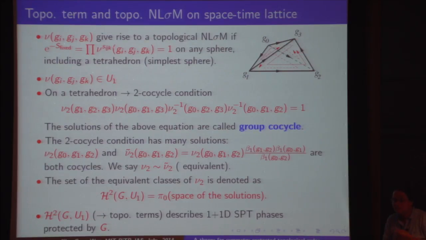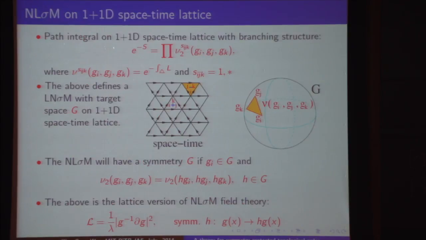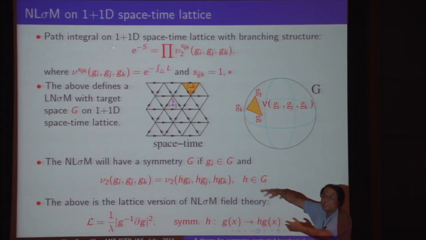Yes? Can this also handle space-time symmetries like time reversal and parity? Yes, and for parity, we tried, but not very hard. For parity, you have to really change the triangulation and the branching structure.